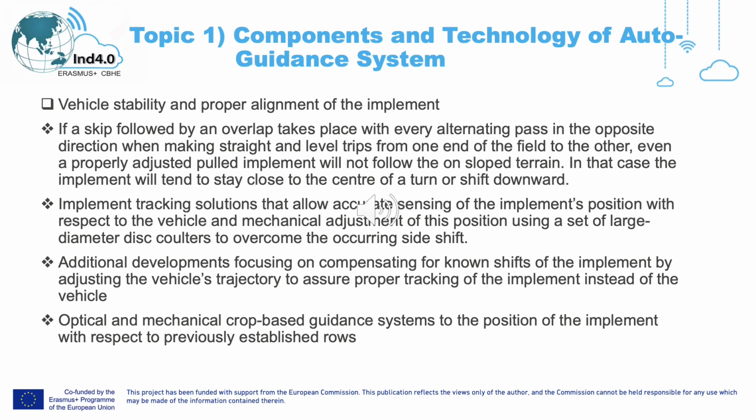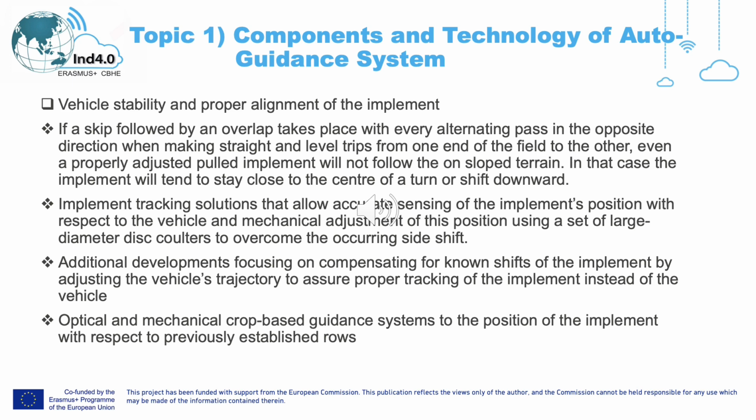In that case, the implement will tend to stay close to the center of a turn or shift downward. Several manufacturers have addressed implement tracking solutions that allow accurate sensing of the implement's position with respect to the vehicle and mechanical adjustment of this position.